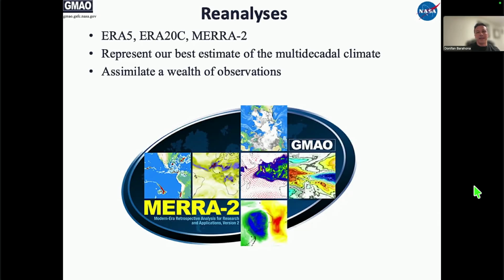Some of them are less constrained, but you can go back to probably the 1900s. Maybe we actually use one in this talk. The nice thing is that they assimilate a wealth of observations using conventional data assimilation techniques, so we have a baseline from which we can start building, and that's very nice.